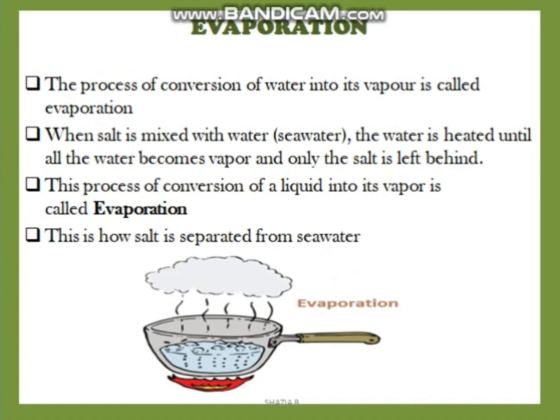Now how is evaporation a way to separate substances? We mentioned that evaporation is the process of conversion of water into water vapor. So we agree that all the water gets converted into water vapor by evaporation. Now how is this a way to separate substances?